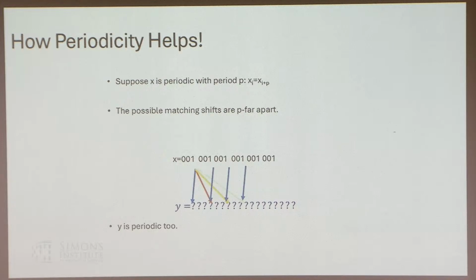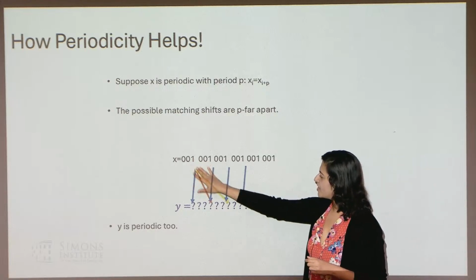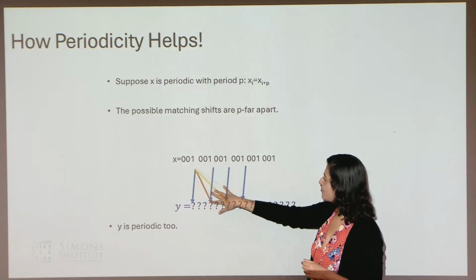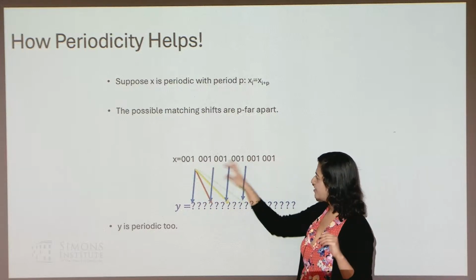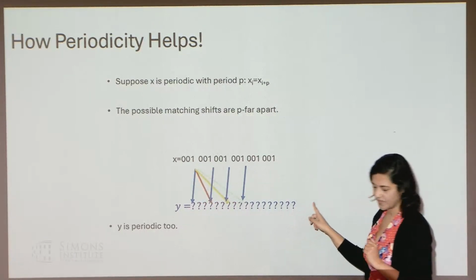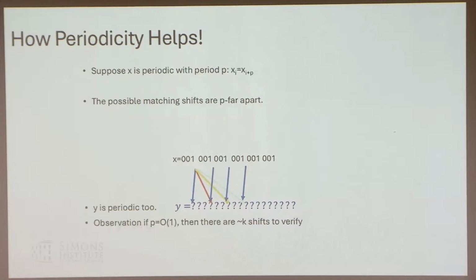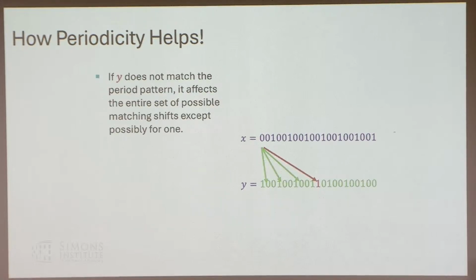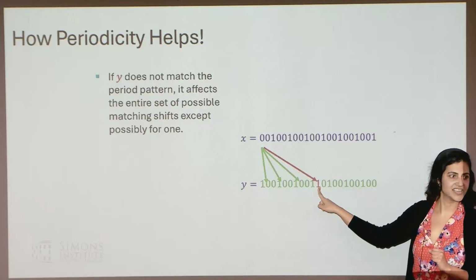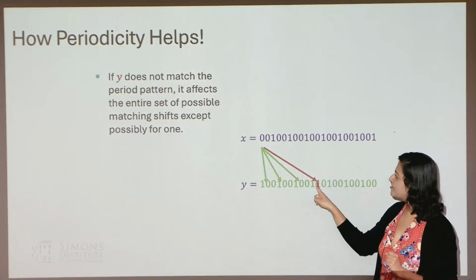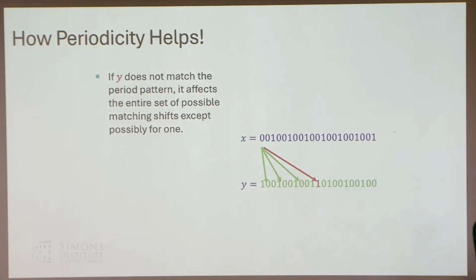So here is a little bit more detail on how periodicity helps. If I'm looking at x and y, suppose there are multiple diagonals for which it's good. That means y is also periodic. And moreover, if that periodic pattern breaks, it starts to affect all the diagonals except possibly one.